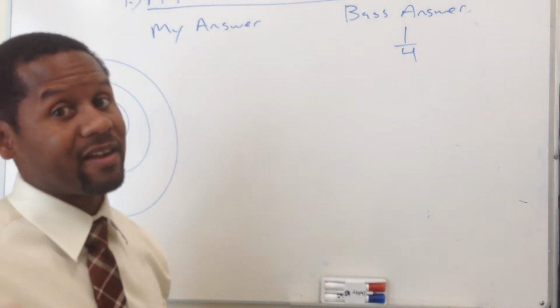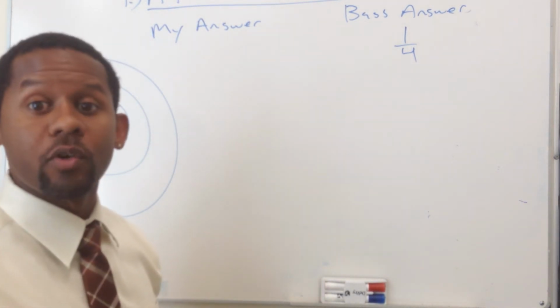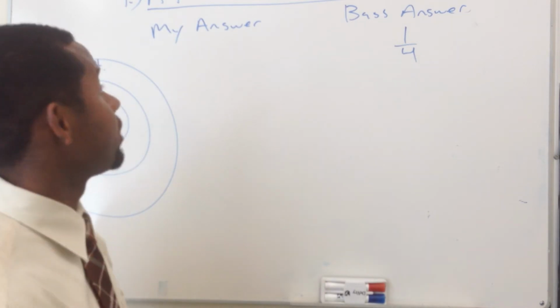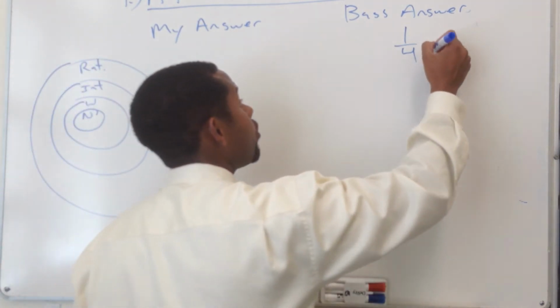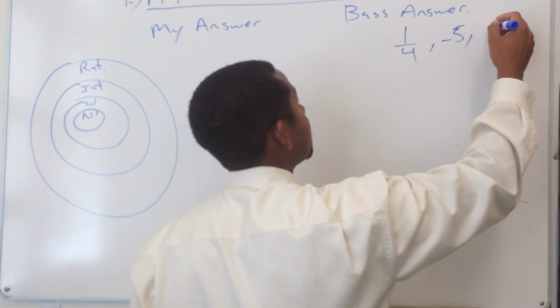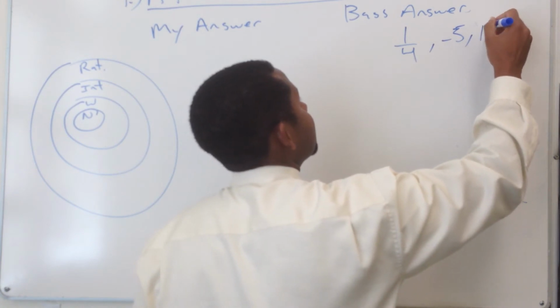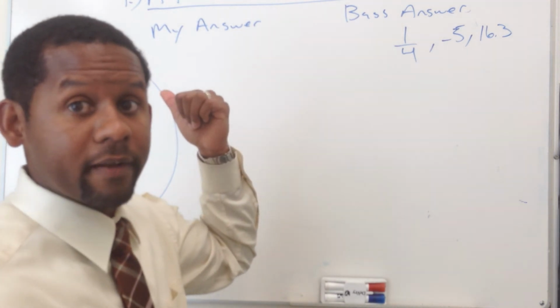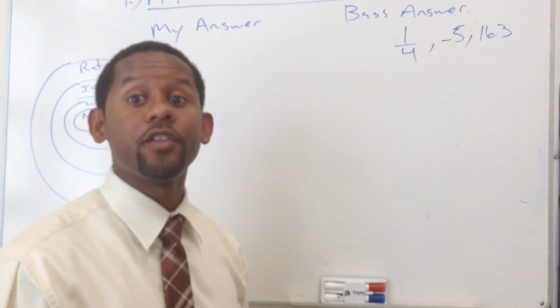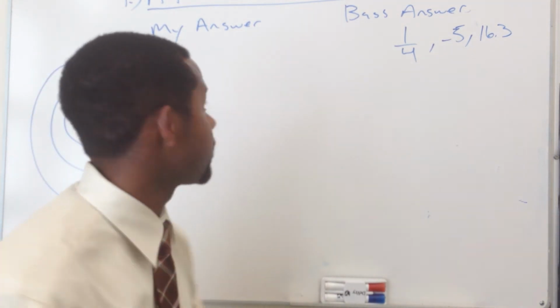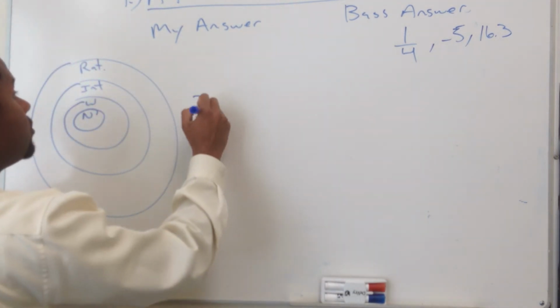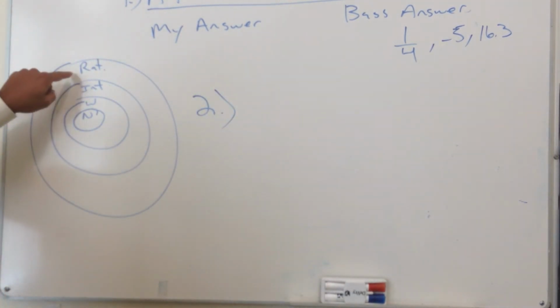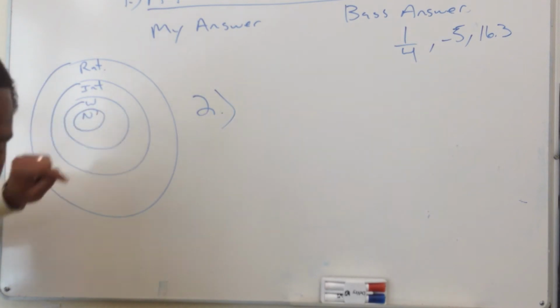Hopefully it had a fraction or a decimal with it. Even a negative, you could use 1/4, -5, 16.3. You couldn't pick 0, 1, 2, 3, 4, 5, 6, 7, and so forth. Think of this: what goes in rational numbers but didn't go in whole?